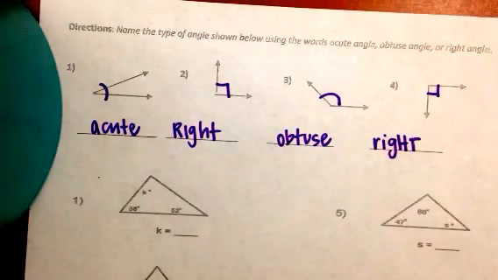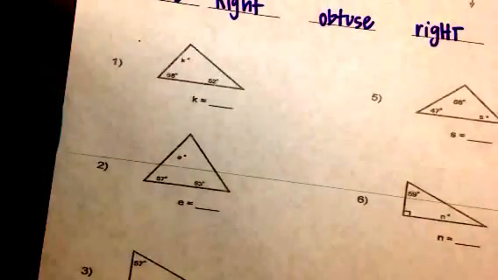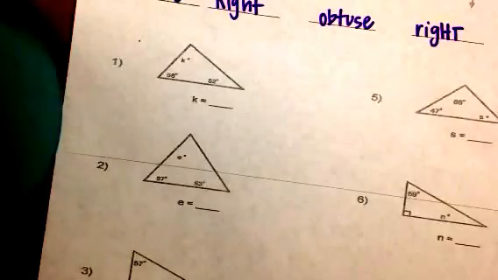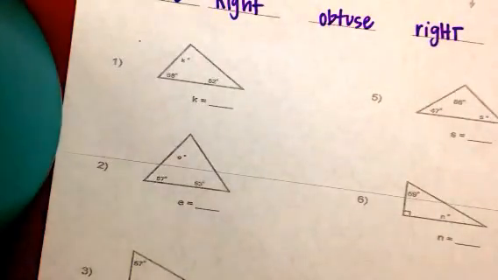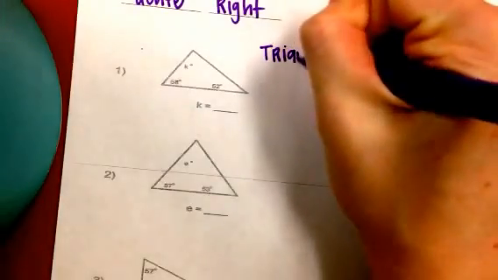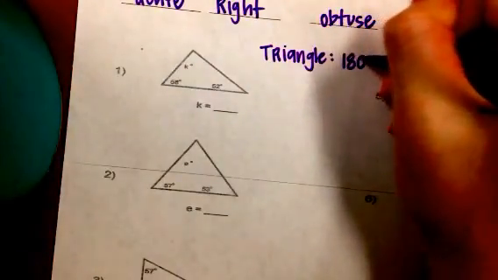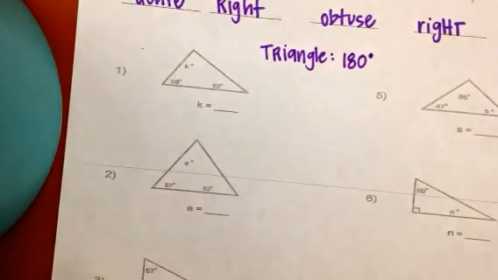We're now going to use our skills of angles to classify triangles by their angles. So we need to look very closely here. The first thing we need to know is that there are three angles inside of a triangle, and they all add up to 180 degrees.